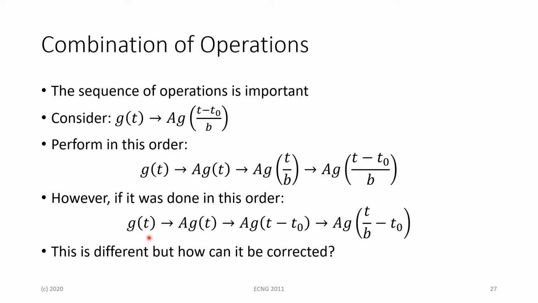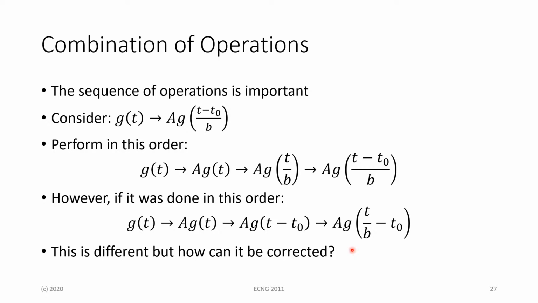However, if we did the operations in a different order, so let's say we start off with our amplitude scale here, but let's say we time shifted first. When it's time to time scale, only our t value here is affected by that time scale. The time shift here is not affected by this time scale mathematically.